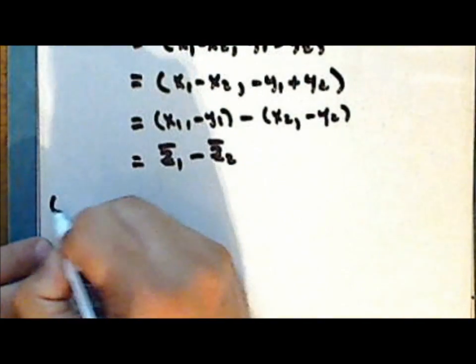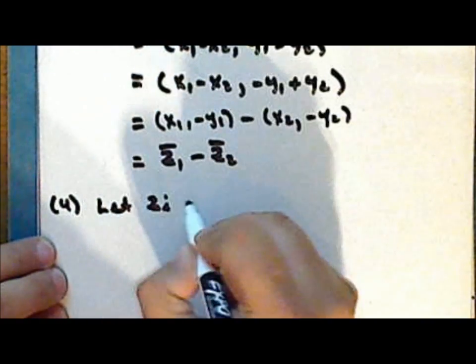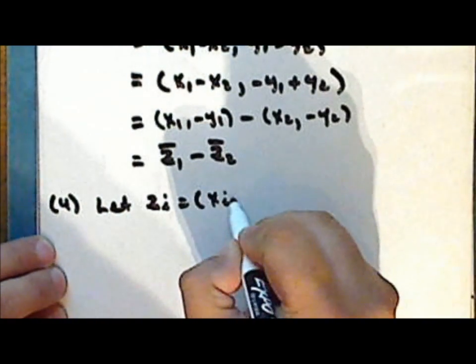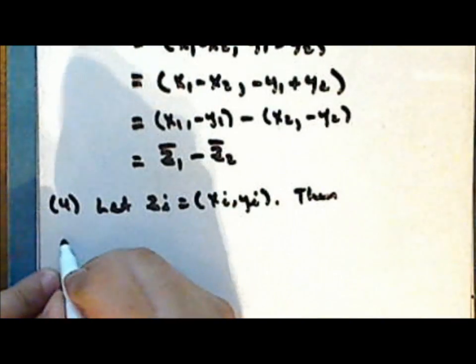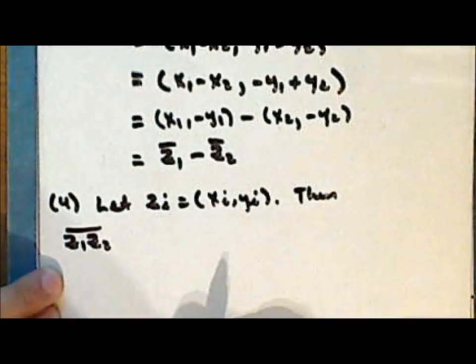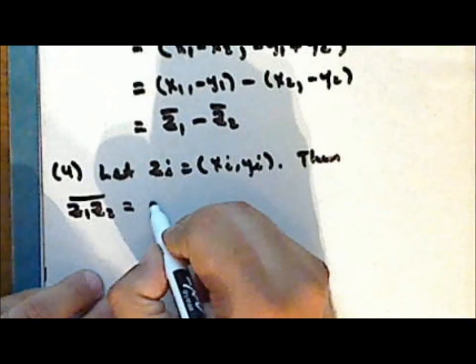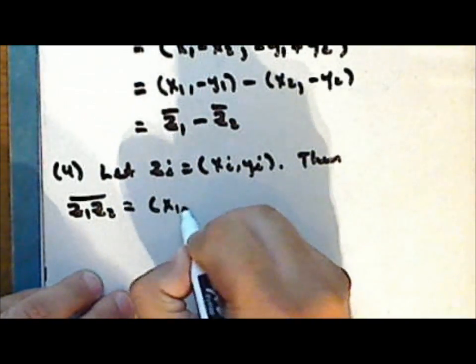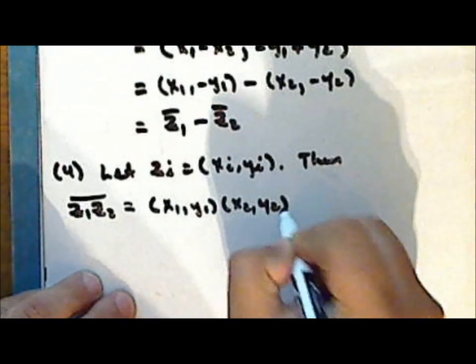Alright, fourth part. Once again, let z sub i be the ordered pair (x sub i, y sub i). Then the conjugate of the product z1 z2 is the conjugate of the product of ordered pairs (x1, y1) with (x2, y2).